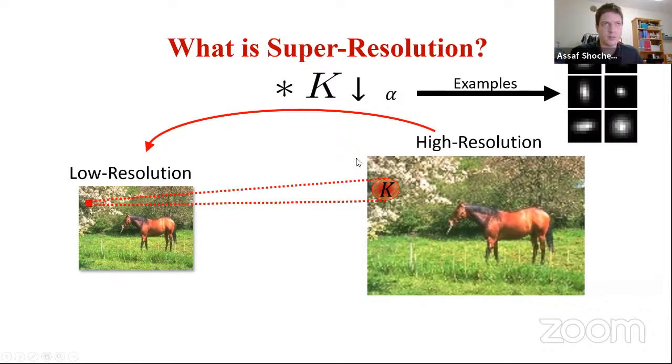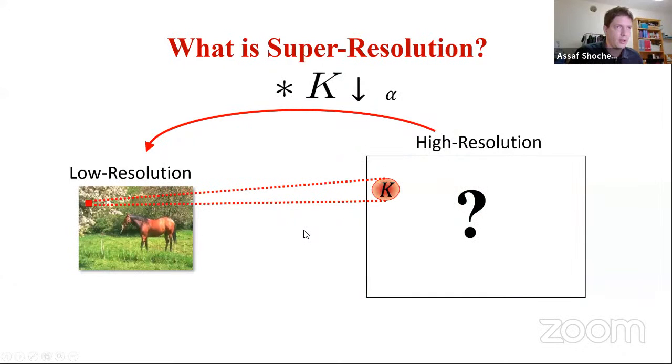There are some examples to get a feel for what this kernel can be. It has to do a lot with the optics that we're using, and also our hand movement. If we move our hand from side to side, then we're going to have this very particular shape of the kernel.